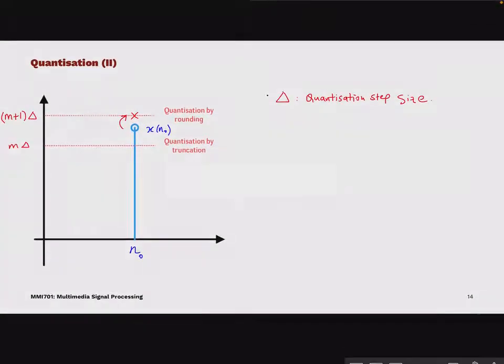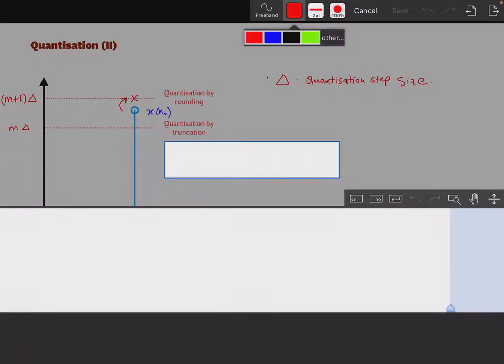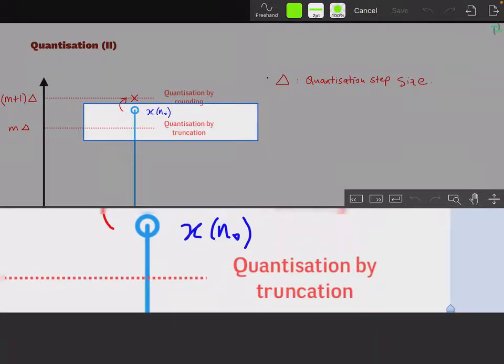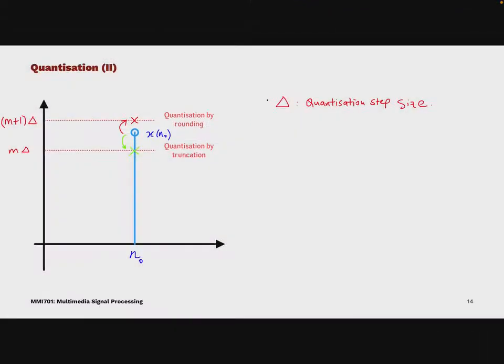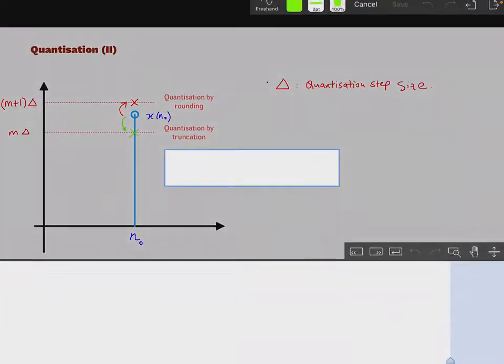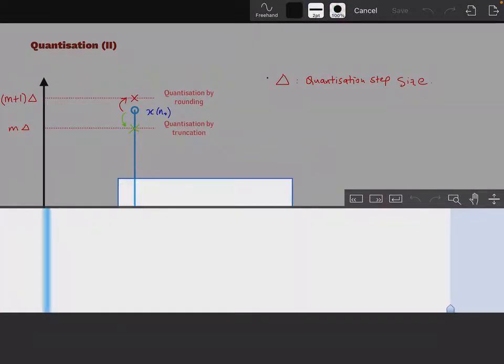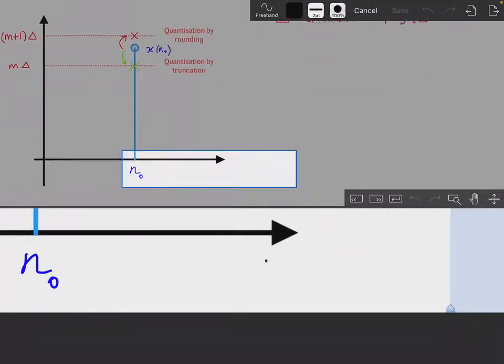And if we want to carry out quantization by truncation, then we get rid of the fractional part and we map our signal to this value, m delta. So that is quantization by truncation. I just want to write the axis name here as well, n in samples.